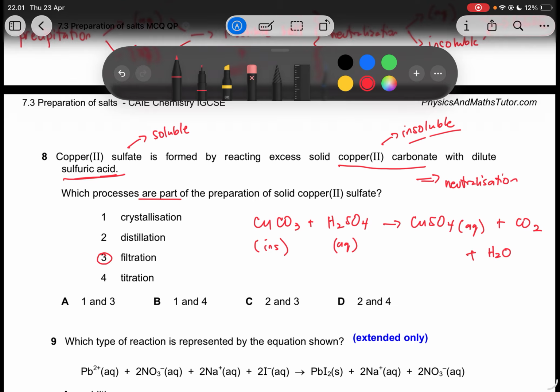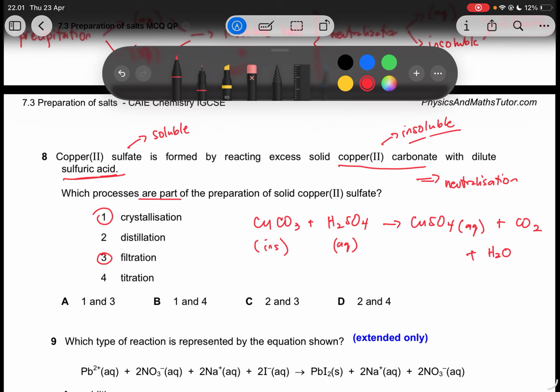So it's the first step that we have to do, to filter it. After we filter it, the filtrate will be evaporated. Then when we evaporate it, we will leave it to dry so that it will form crystals.